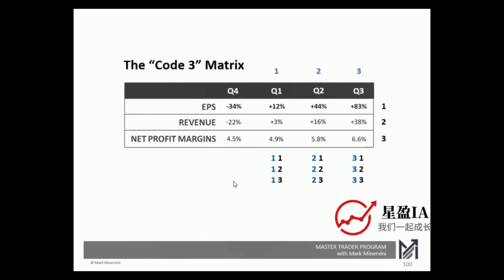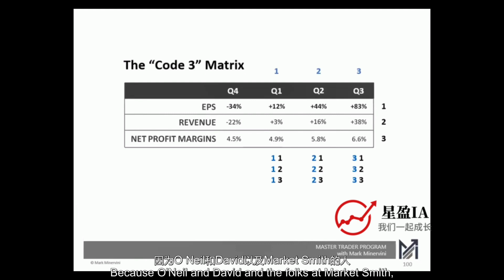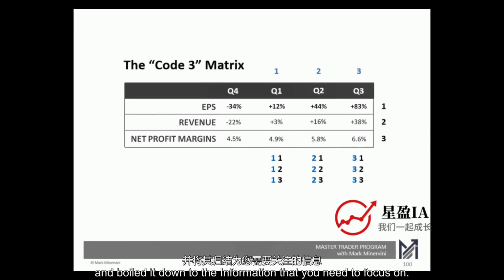So, a very archaic way of doing this, but again, all this is built around the information that you have readily available in MarketSmith, because O'Neill and David and the folks at MarketSmith base this all upon how the real world works, and boiled it down to the information that you need to focus on that actually influences stock price movements.